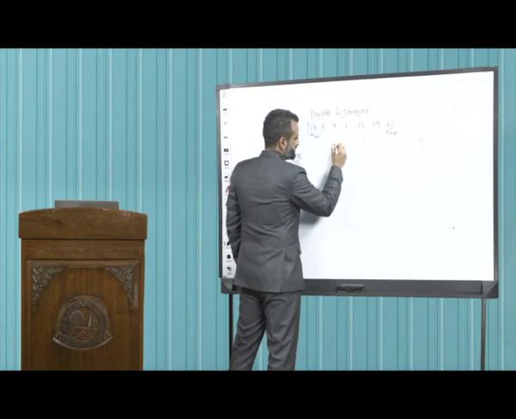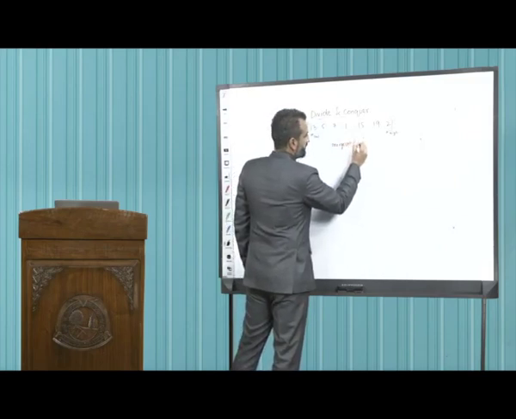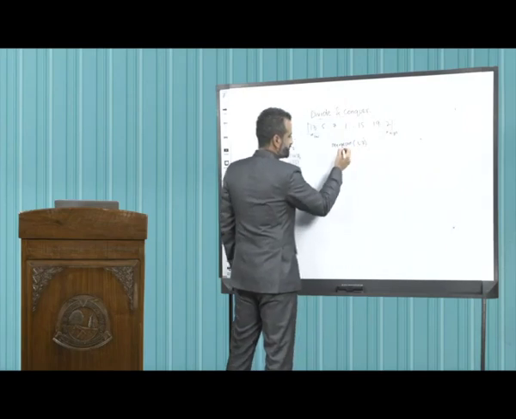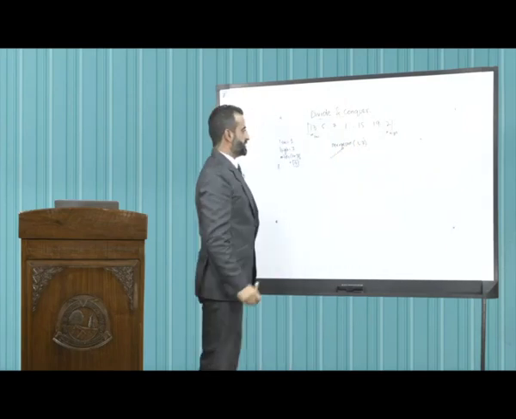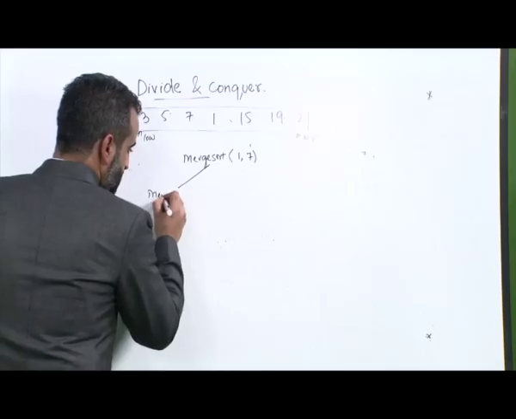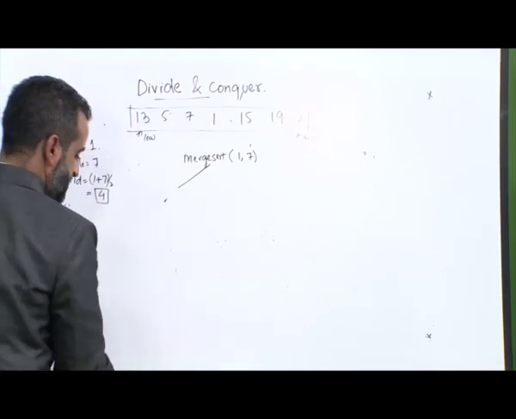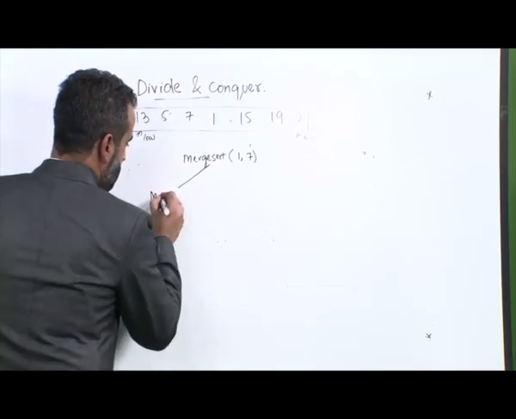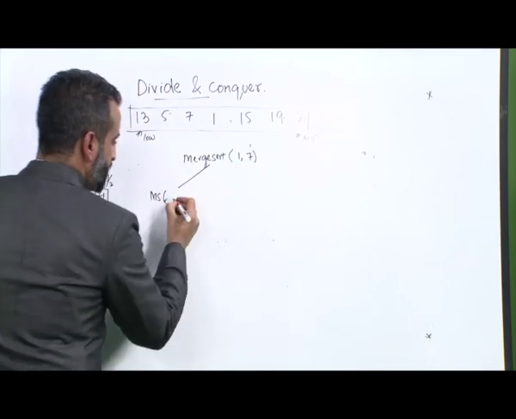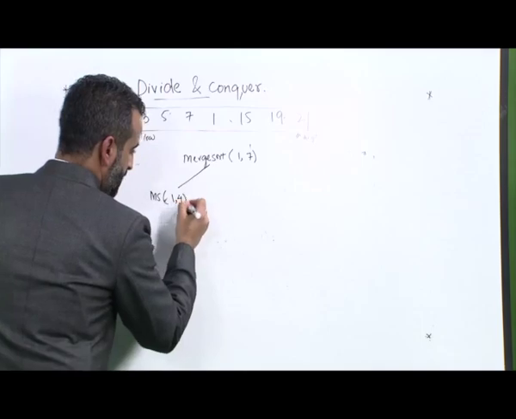So earlier it's merge sort 1 and 7. Once we go inside the function, we encounter two merge sort calls. Those calls are merge sort, let me put it as MS in the shorter form, from low to mid. Mid in this case happens to be 4.